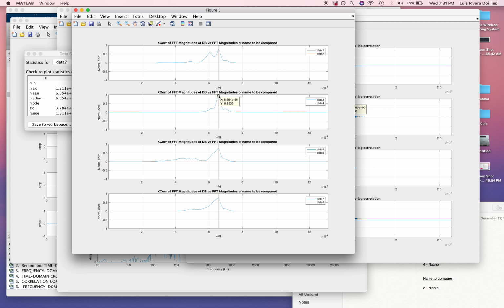So I'm using the comparison in the frequency domain as a second layer of verification, of security, to make sure that the match we have made in the time domain is the same, and that the percentage is as great in the frequency domain.